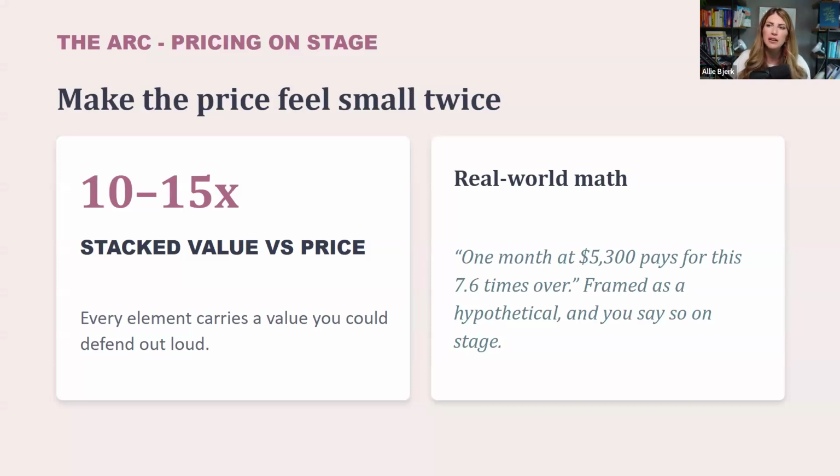And I always try to make the price feel small twice. So if you have the stacked value versus the price, you can say, here's the value of everything that's included. And then you can also add real world math into the program: if you were to pay for a tutor, it's going to be $197 every single session. But if you implement this program and learn how to do it on your own, you're going to actually be saving X amount.